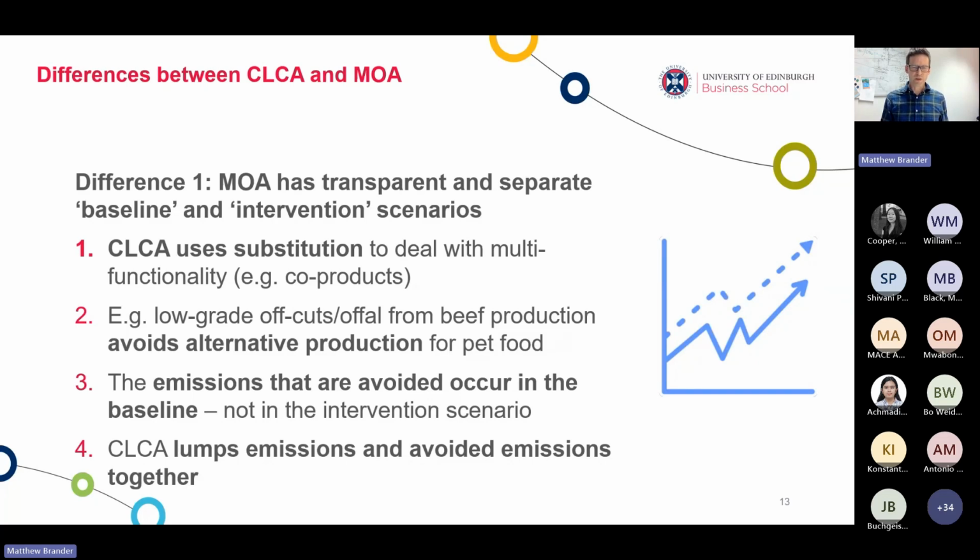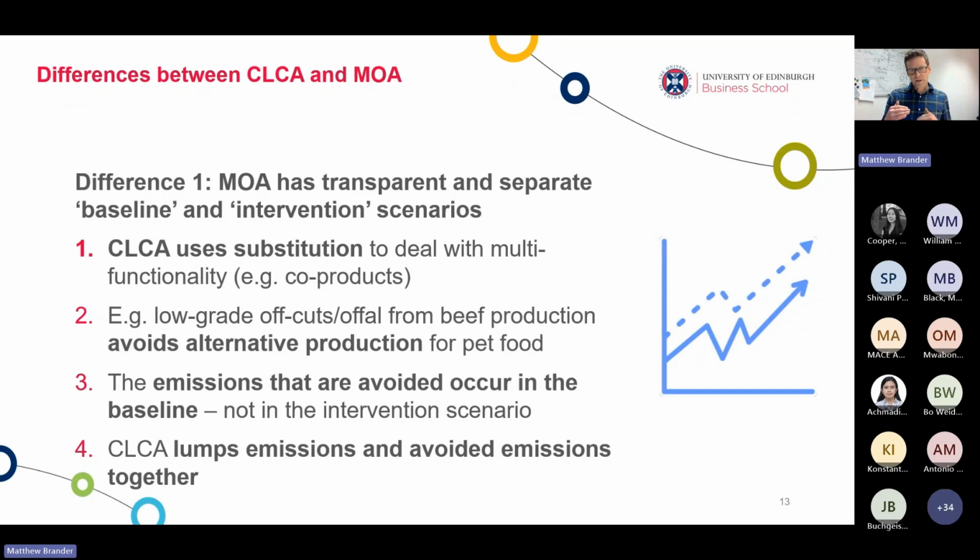And under the substitution method, you would identify what the emissions are from that primary production, and you would credit the displacement or the avoidance of that primary production to the decision to consume more beef. But the key point here is that the emissions that are avoided, they are emissions that would have occurred in the baseline, but they don't in the intervention scenario.